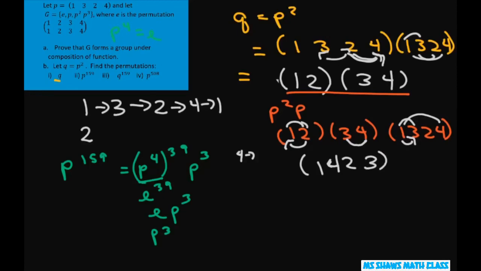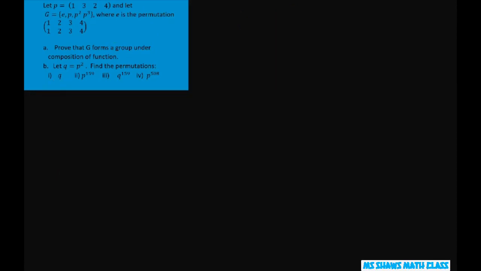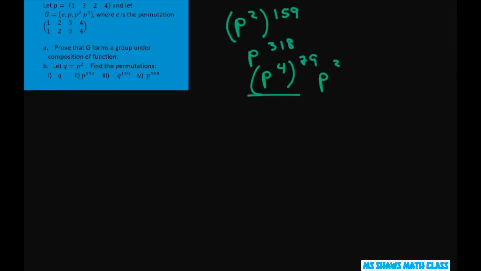All right. Now, in the second part, we have Q to the 159th. Q equals P squared, so that's P squared to the 159th. We can write this as P to the 318th. We want P to the 4th to the 79th, and then our remainder would be 2. So this part's just going to be E times P squared, which is just P squared.